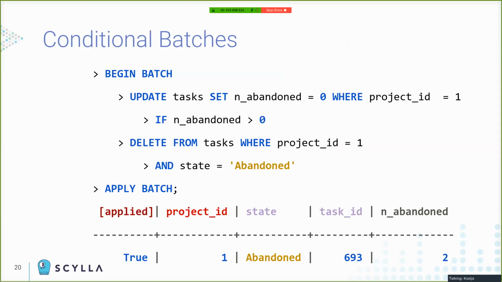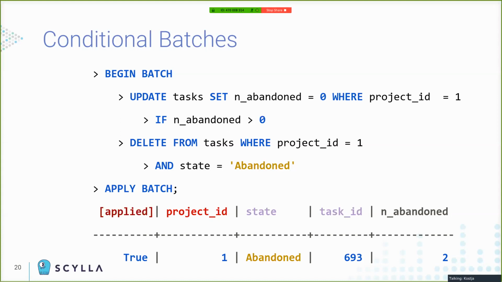You can also use conditional statements in a batch. Conditional statements and lightweight transactions are used interchangeably. All conditional statements are transactional, so they all follow the properties of transactions like all or nothing, durability, and isolation from other statements.